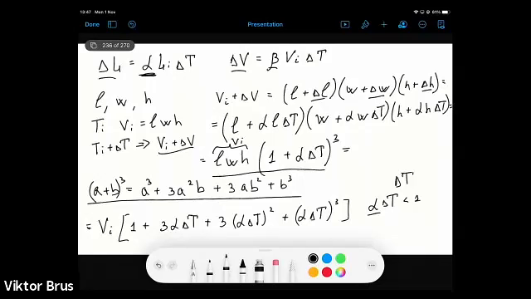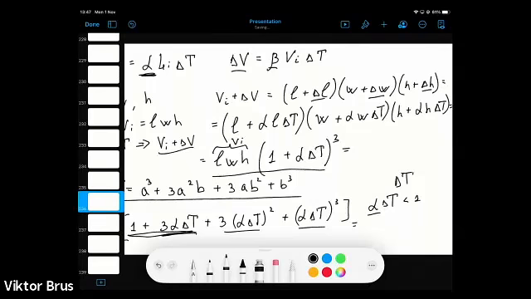So alpha times delta T in the second and third power will be much smaller than alpha times delta T, and we can just neglect these components, because the major contribution comes from the first two terms, 1 plus 3 times alpha delta T. So we can simplify this equation with some approximation.